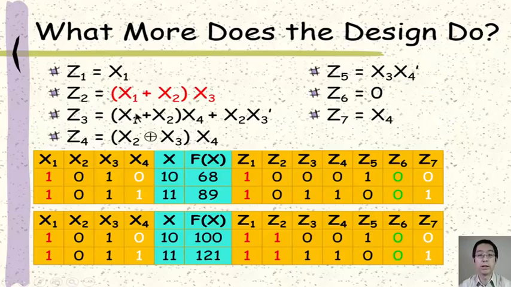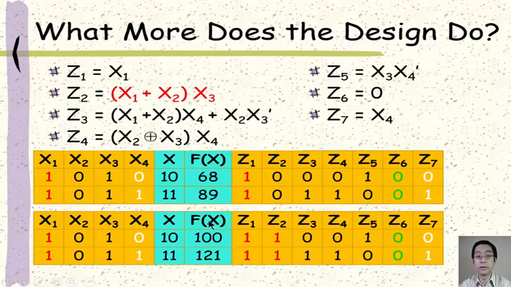So 1 plus x2, which is 0, times this 1 gives us a 1. And similarly, when the input is 11, this bit will also be 1. If you remember how we do the conversion from binary to decimal, a 1 in this bit position means 32. So if I add 32 to these numbers, 32 plus 68 gives me 100, and 32 plus 89 gives me 121.